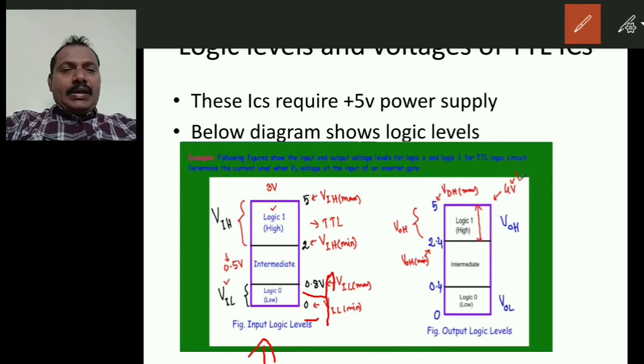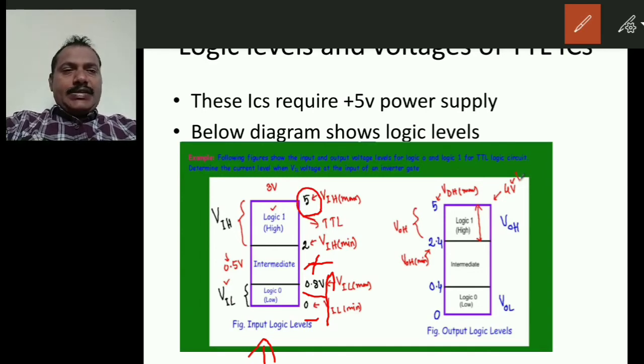So that means logic 0 is treated as 0 volts to 0.8 volts. Up to 0.8 it is treated as logic 0. After 0.8 volts, it is intermediate, that means there is no significance or validity of the voltage value. From 2 volts to 5 volts is logic 1.